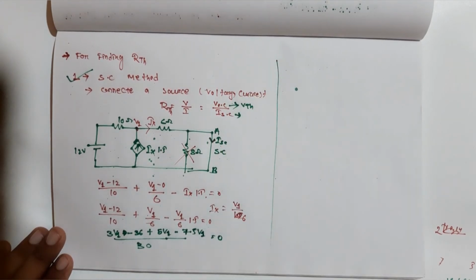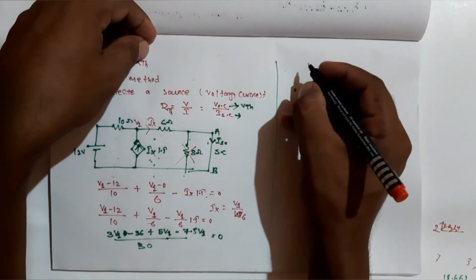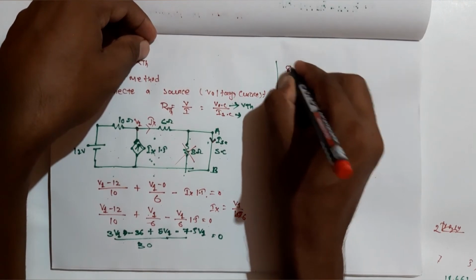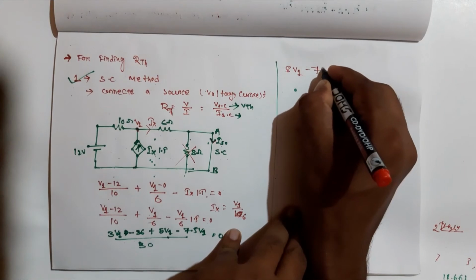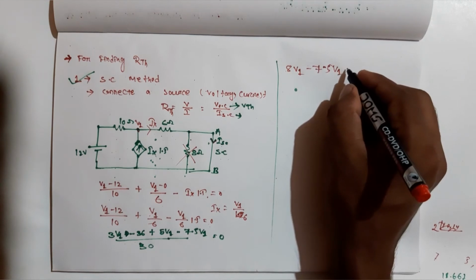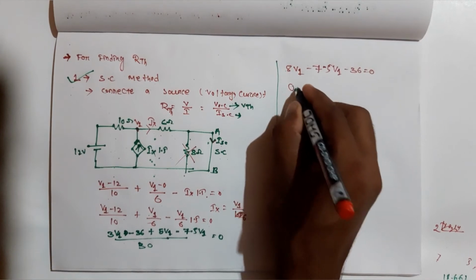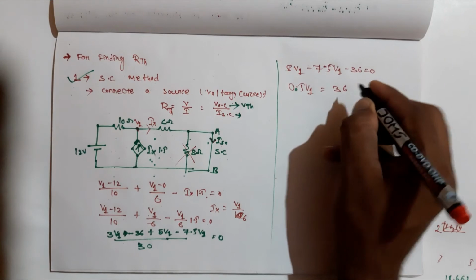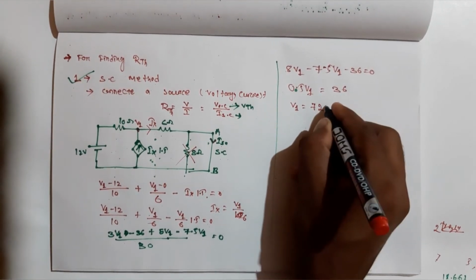So directly we can write this as 8 V1 minus 7.5 V1 minus 36 is equal to 0. This is 0.5 V1 is equal to 36, so V1 is equal to 72 volt.